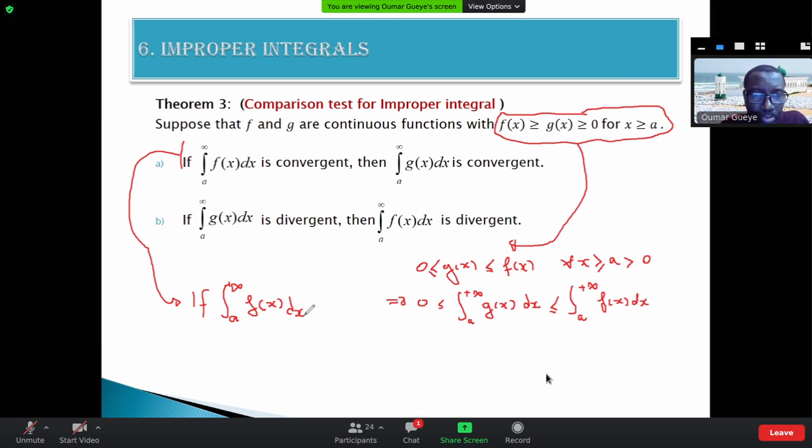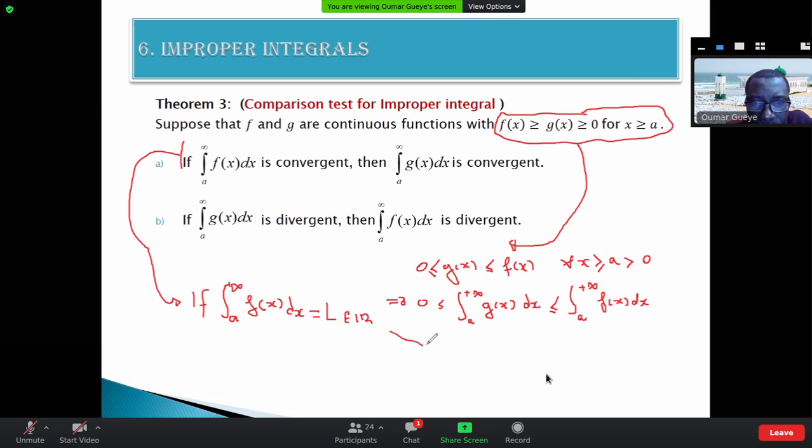That number could be positive, negative, or 0. But in this case, it's going to be positive because my function is already positive. Its integral should be positive.